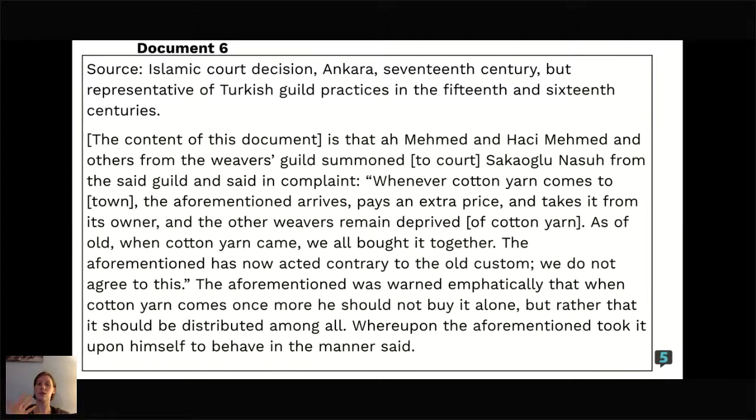So this is an Islamic court decision, but it's coming from a part of the Islamic world where these are major centers of trade and exchange and commerce. This is happening in a large city. So like geographical context. So historical situation, I think, is actually a really important one for this particular document, thinking about the time of its creation, the time that it represents, the time and place in which it was created.